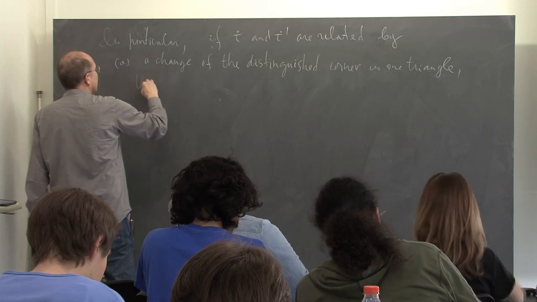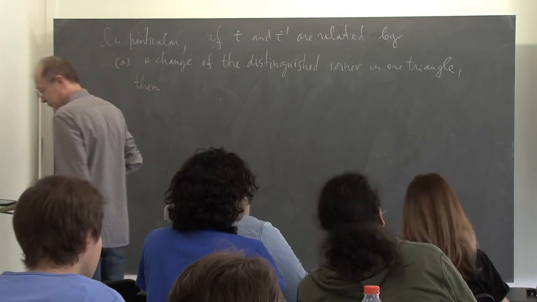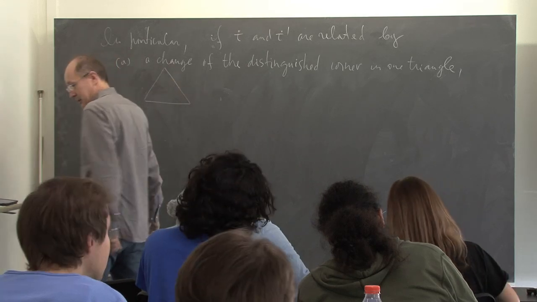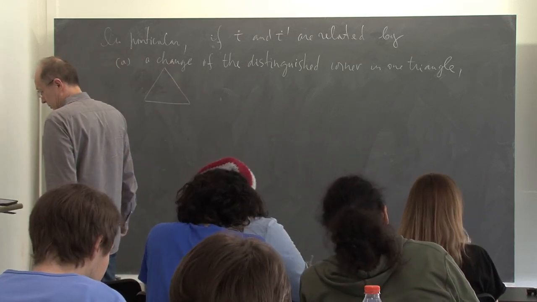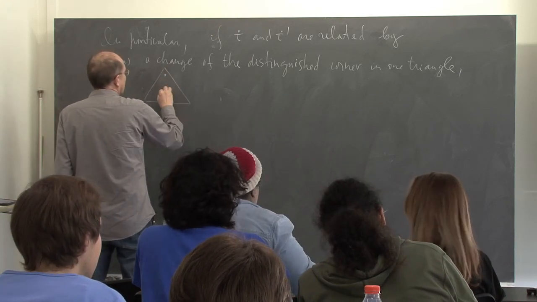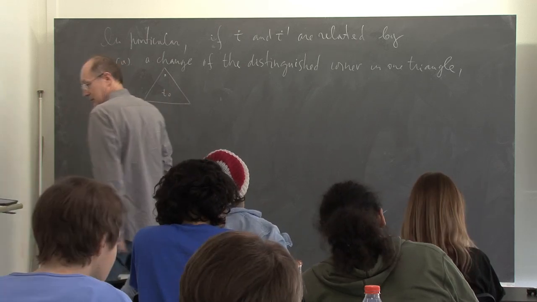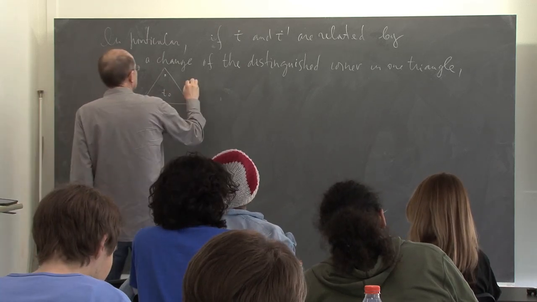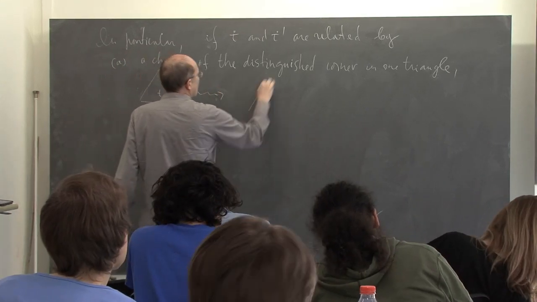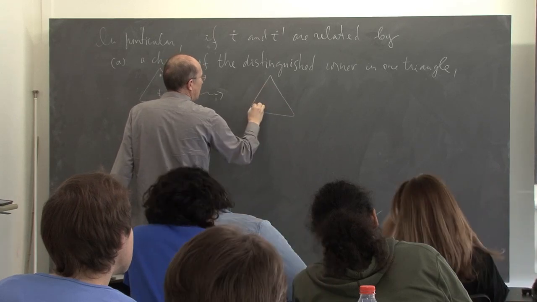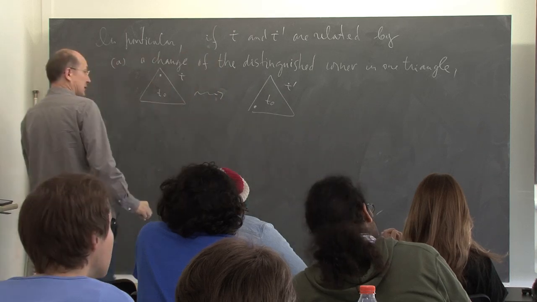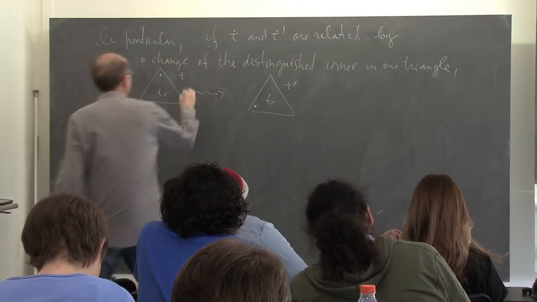Then, let me write first the change of the corner. So we have T0 here. This is tau dot, the same triangle, but this time in tau dot prime.